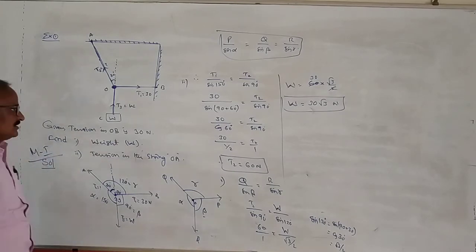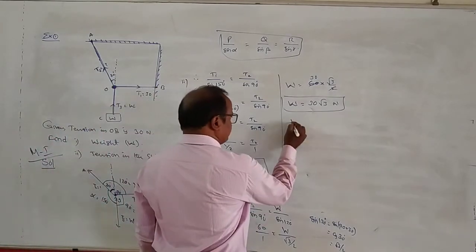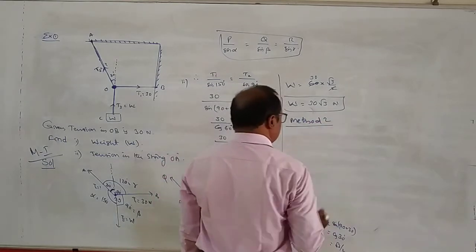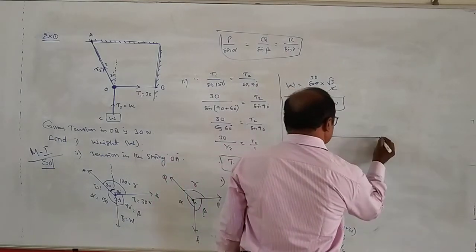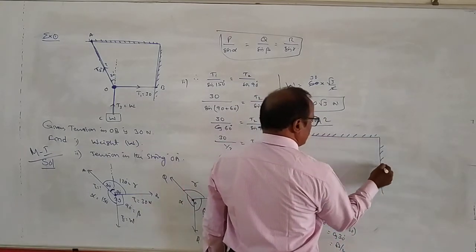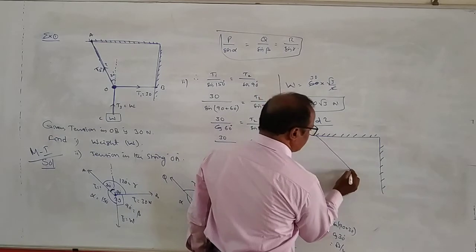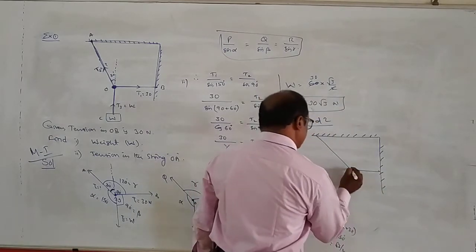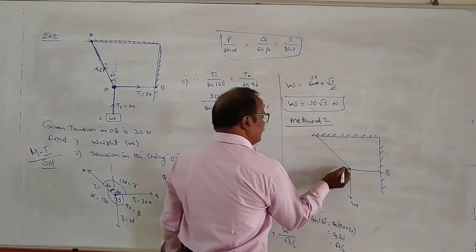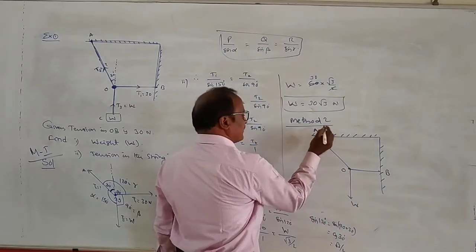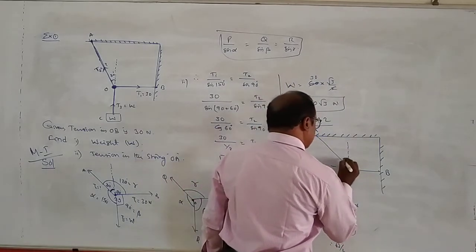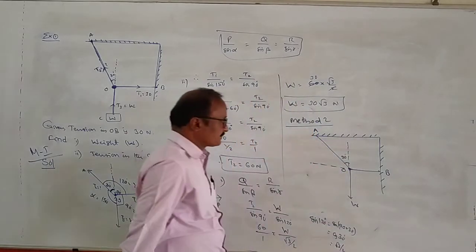Then what is method 2? The same diagram. Here, this is W, OB and OE. Here, this is the angle 30 degrees.